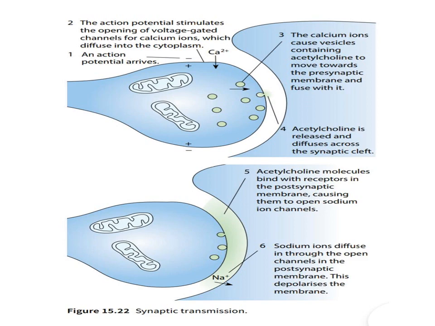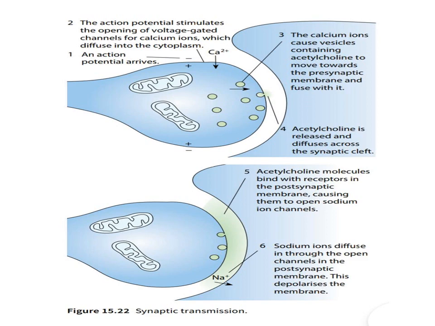The fusing of these vesicles with the presynaptic membrane will release the contents of these vesicles, which in this case is acetylcholine or any neurotransmitter, into the synaptic cleft. This neurotransmitter will then bind to its receptors on the postsynaptic membrane, causing them to open sodium ion channels.